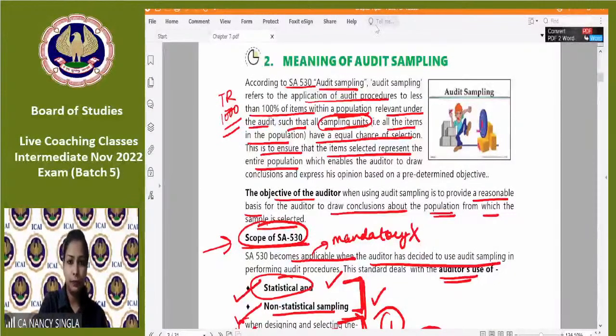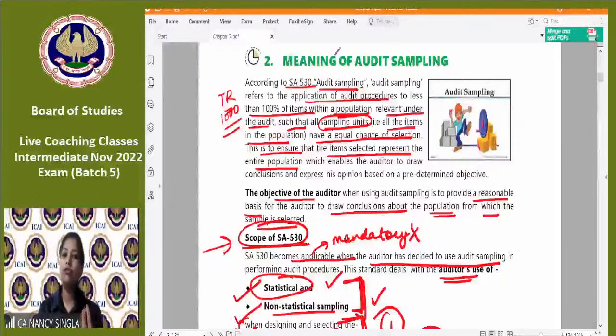And we understood that population, for example, if we have to check the trade receivable, then the entire set of trade receivable is the population. Individual units that comprise that population are what? Sampling units. And the sampling units that got selected for audit sampling, that becomes a sample.